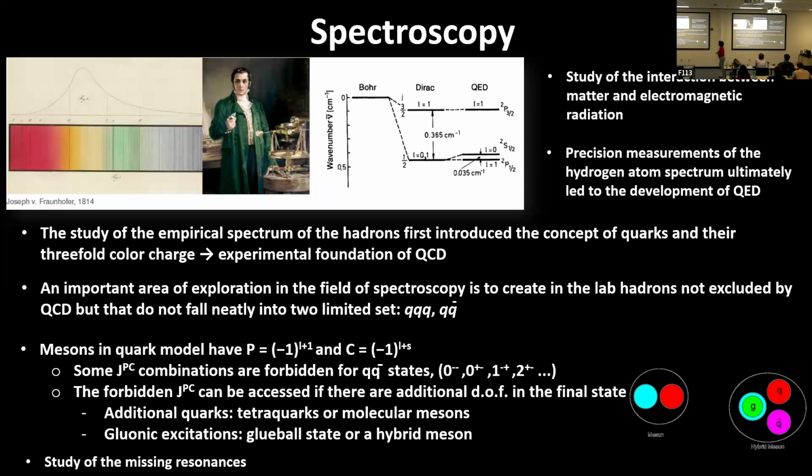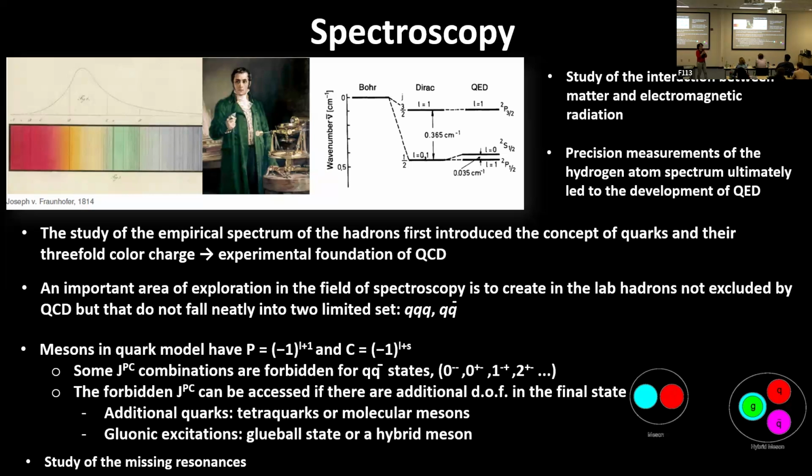Now, what is the focus of this lab? I'm sure you know the PDG, the Particle Data Group. You consult it to see what the characteristics of the particles are. In this PDG, there are some resonances that have 1, 2, or up to 4 or 5 stars.